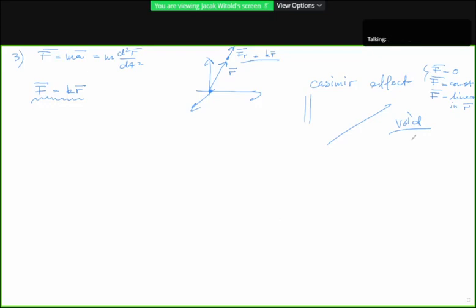Therefore, void can be referred to as the oscillator of electromagnetic fields. In quantum mechanics, you need to quantize the oscillator, and the mathematical solution for a quantized oscillator is that it has a ground energy level.